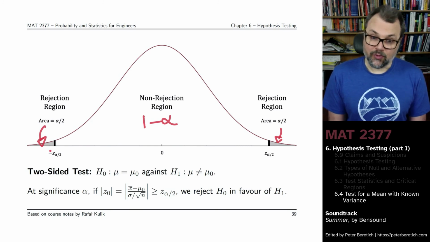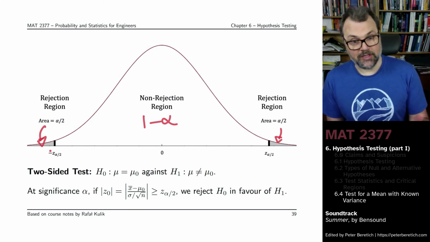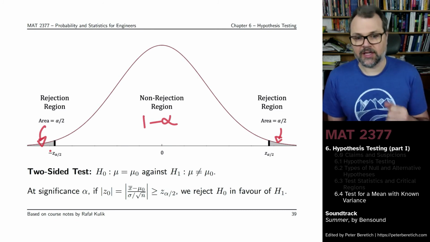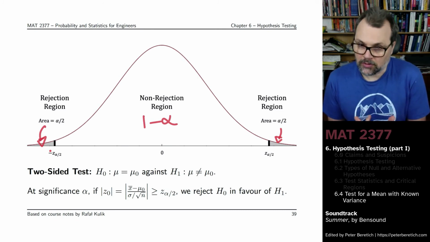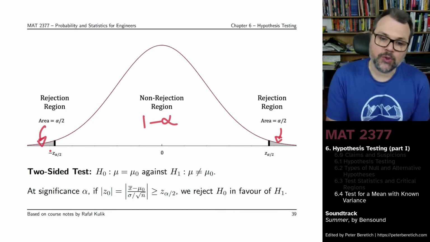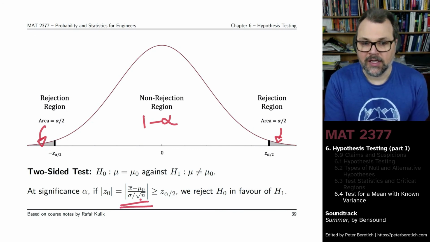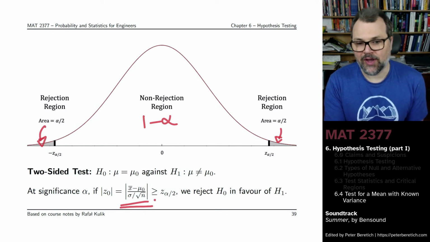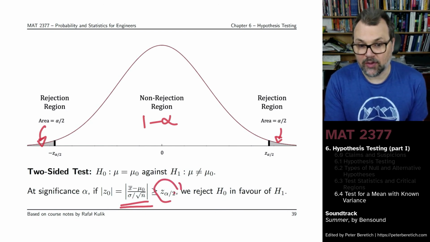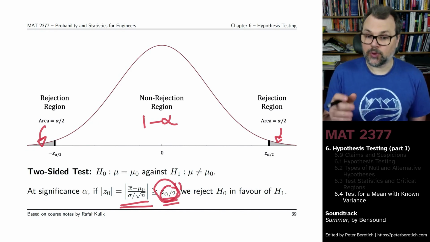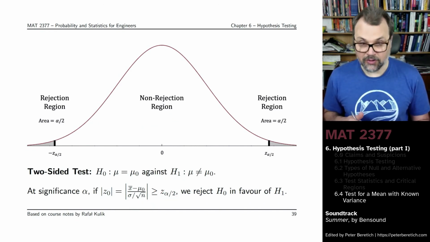So when you test for the true population mean being equal to the candidate value mu naught, your null hypothesis, against the alternative that it is not equal to mu naught, then you are interested in computing the absolute value of the quantity, and if this absolute value is greater than this critical value, but here note that the level alpha over 2 is different, then you would reject the null hypothesis in favor of H1.